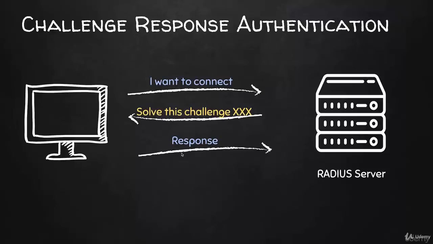What happens is that password is used in a certain manner so that it converts this challenge, encrypts it, and converts it into a response that the radius server will be able to understand and verify if the password was correct. So you say, I want to connect, server says no problem, solve the challenge for me. Challenge is solved based on the password that you enter, and it's sent to the radius server.